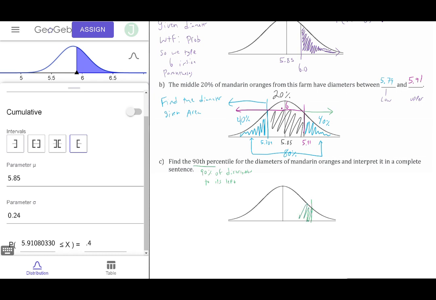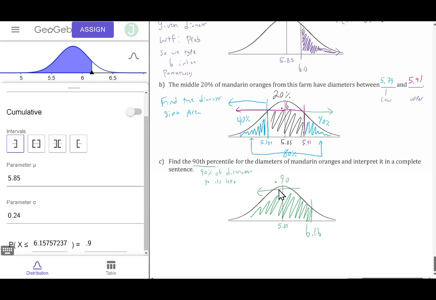So there is some value here where 90% of the values are to its left. Pretty straightforward. I'm not going to complicate this. Choose the left side shading, make the area 0.9, and the size of that orange is 6.157 or 6.16.